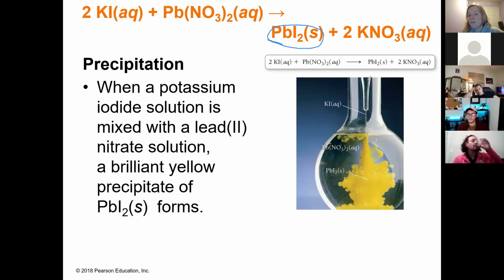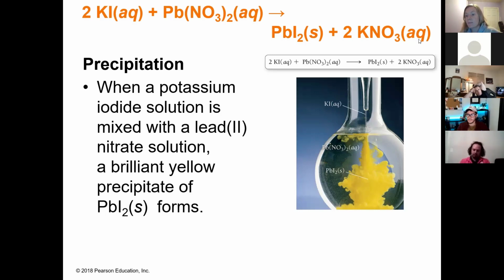So what's happening here is I have a clear liquid, and then when they mix together, the iodine from the top thing and the lead from the bottom thing in the flask start to come together to form this solid. Pretty easy to identify that it's a precipitate reaction because something aqueous combines with something aqueous and we get something solid.